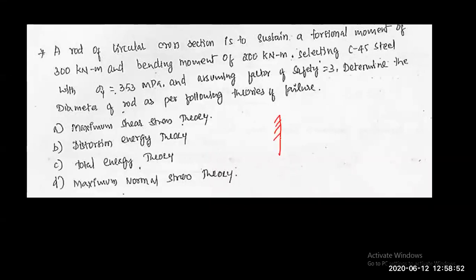You have a component, a circular rod or a shaft, that is circular in cross section.